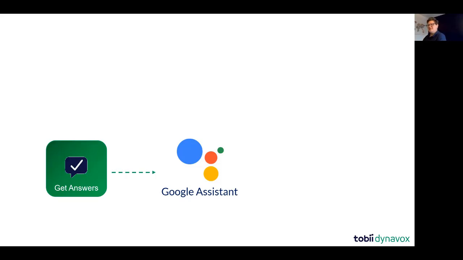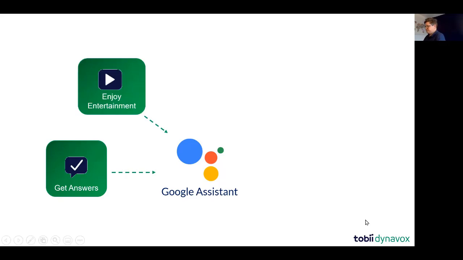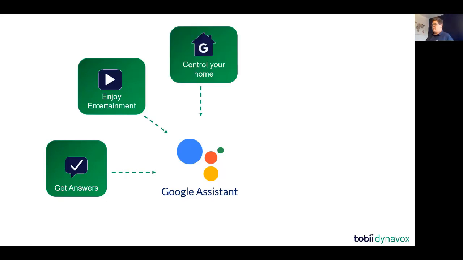And of course, because it knows our location, it will tell us exactly the information that we need. We can also use it for entertainment. So there's lots of activities to do with Google Assistant, such as playing games, or we can even listen to music. We can also control our environment, which is a really exciting element to it.